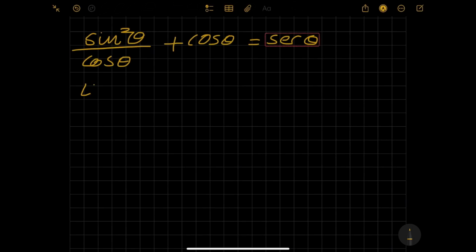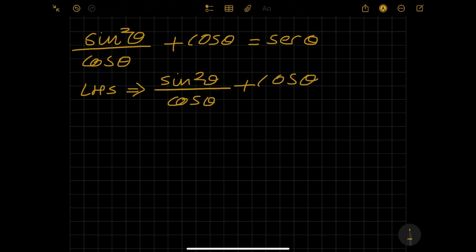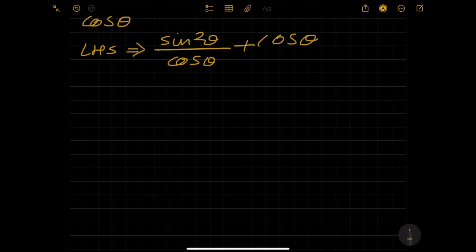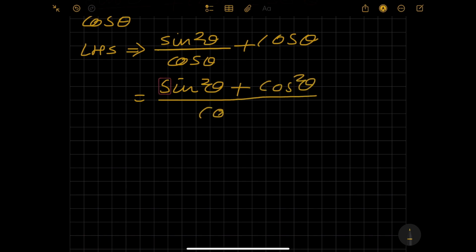On the LHS, we have sin square theta over cos theta plus cos theta, right? So I'm going to prove this first. Basically I'm just equating the denominators first, so we can write it as sin square theta plus cos times cos, which is cos square theta, whole divided by cos theta.